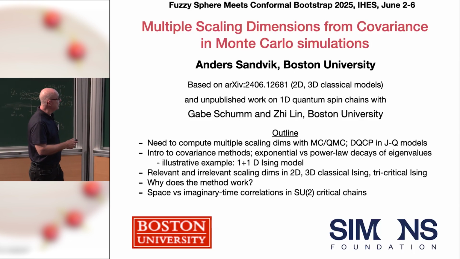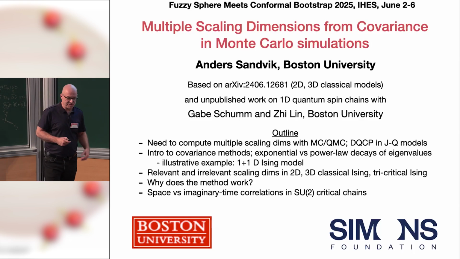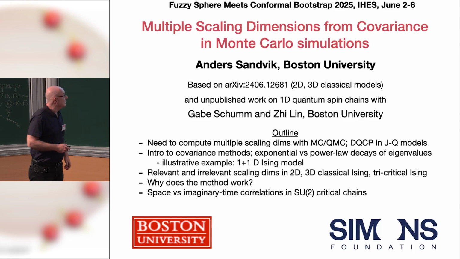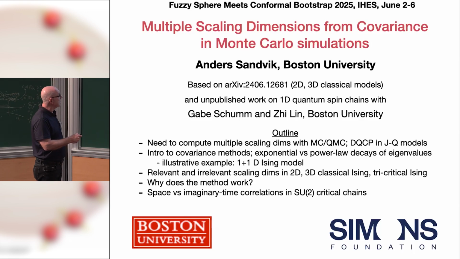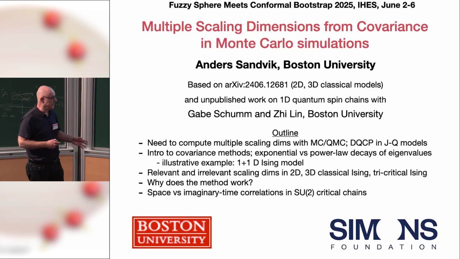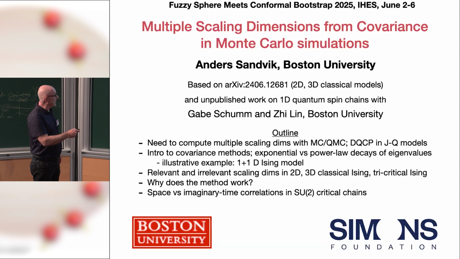That's a well-known method in particle physics to extract particle masses from exponentially decaying eigenvalues. But it turns out one can also use them to study power law decays in critical systems. So that's what I will talk about, and I will contrast the exponential versus power law decays with a simple example.